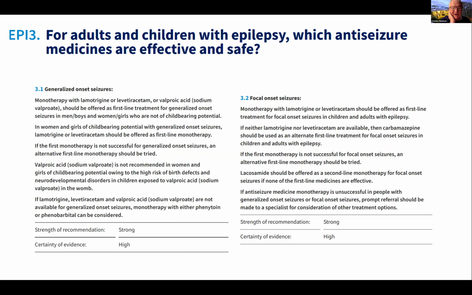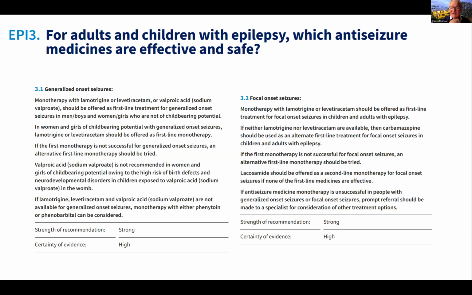The strength of these recommendations was strong, and the certainty of evidence was high. I would also point out that, particularly in sub-Saharan Africa, a lot of people are on antiretroviral drugs, and many of these drugs, for example phenobarbital, phenytoin, and carbamazepine, interfere with the antiretroviral drugs, so there's even more reason to put people on levetiracetam or sodium valproate.